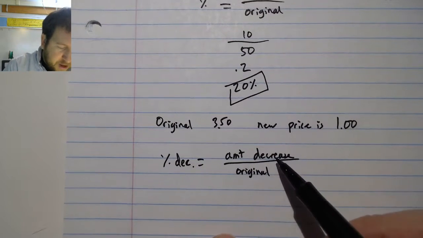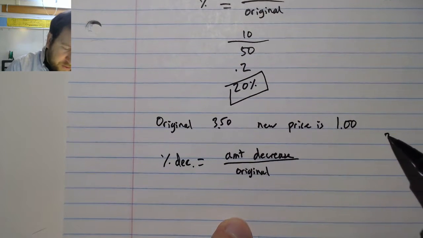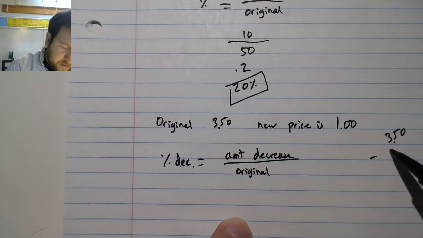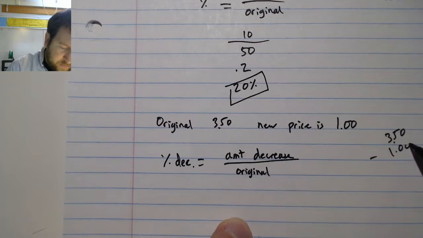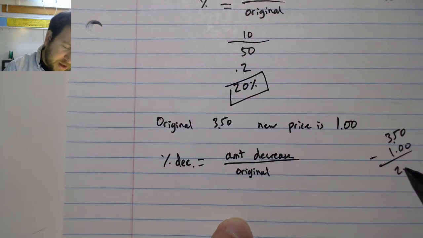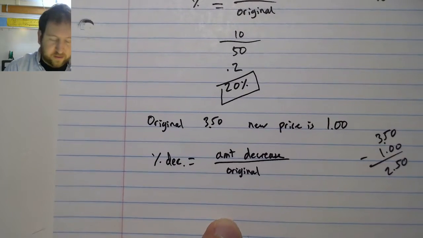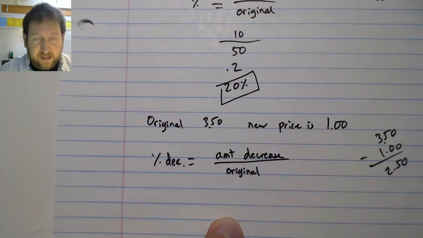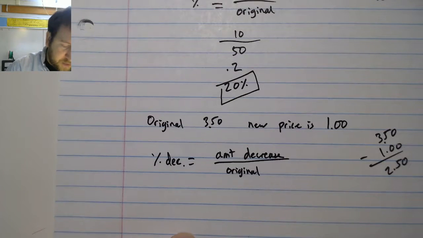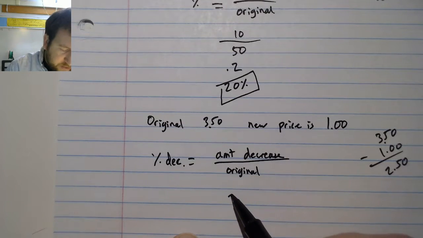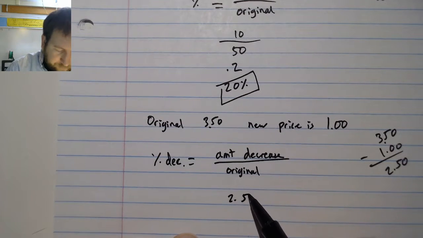All right, my amount of decrease. Well, if I had $3.50 and I subtract $1 from the original price, it's going to be a $2.50 decrease. And you can see that buying stuff at the end of the season is a good way to get some good deals. So my amount of decrease is $2.50.